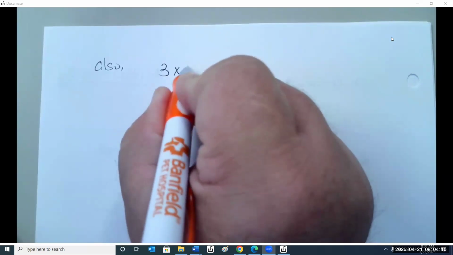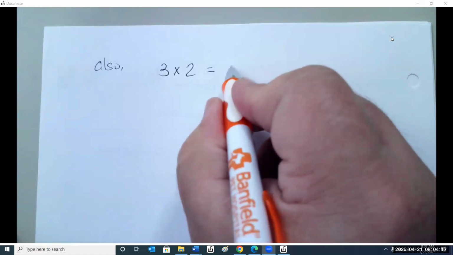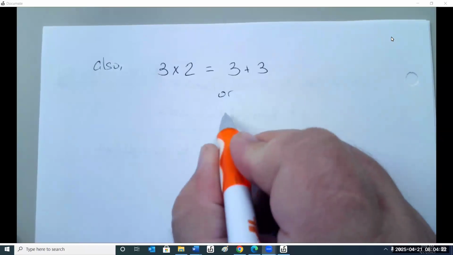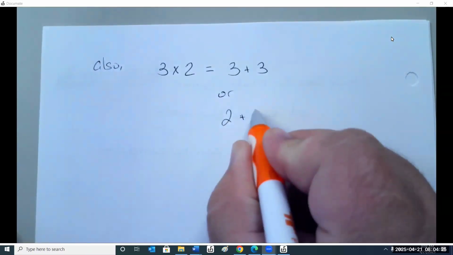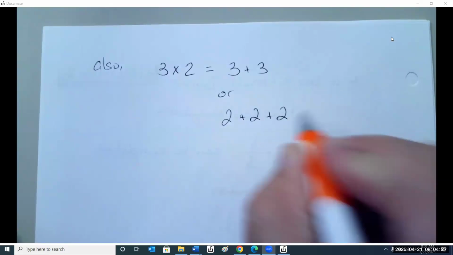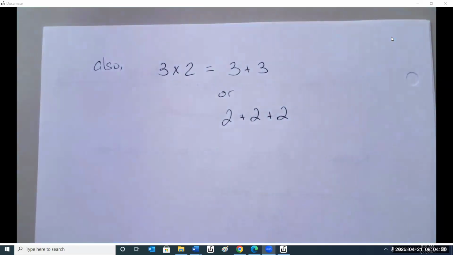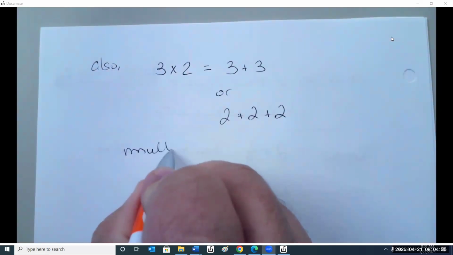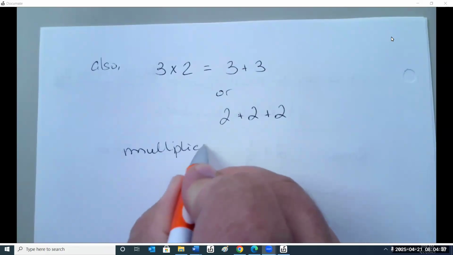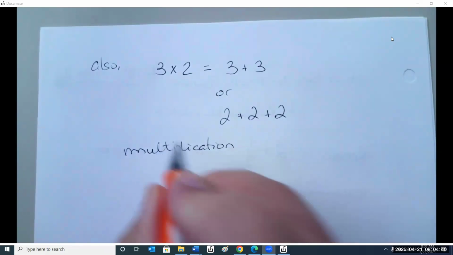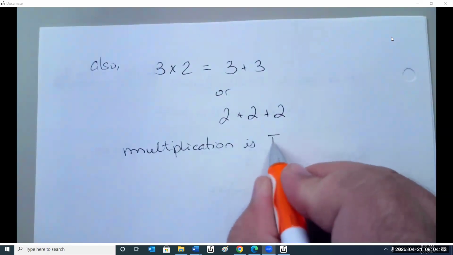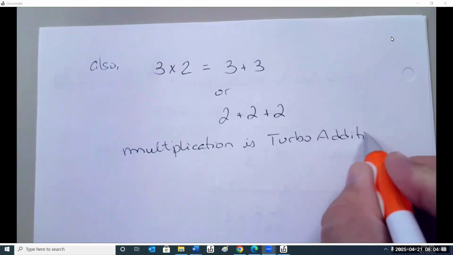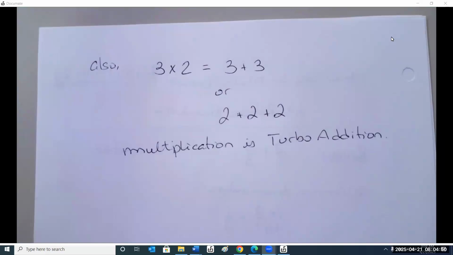Three times 2 equals 3 plus 3, or 2 plus 2 plus 2. Multiplication is turbo addition. It just does it faster.